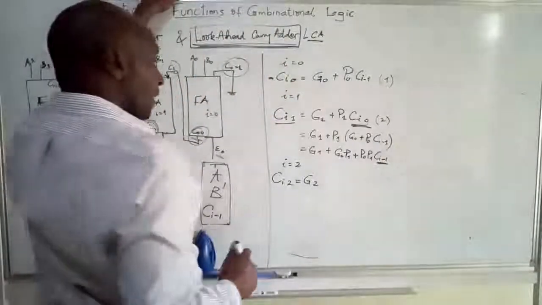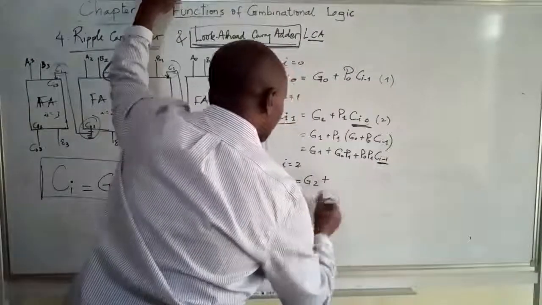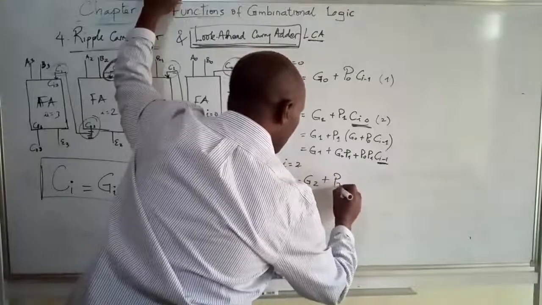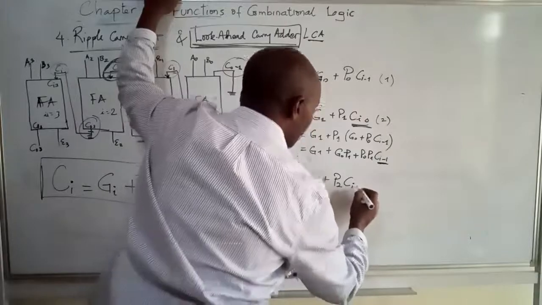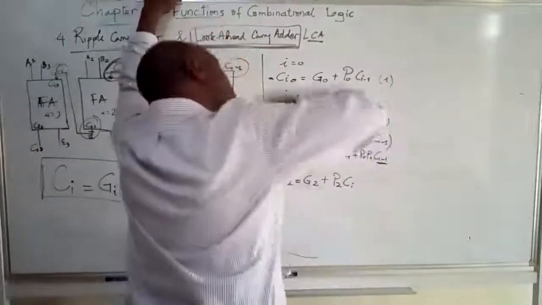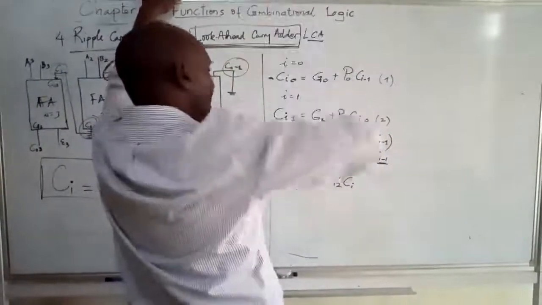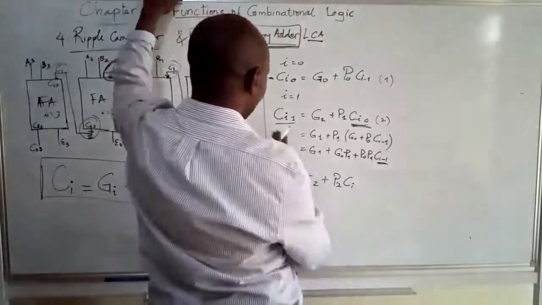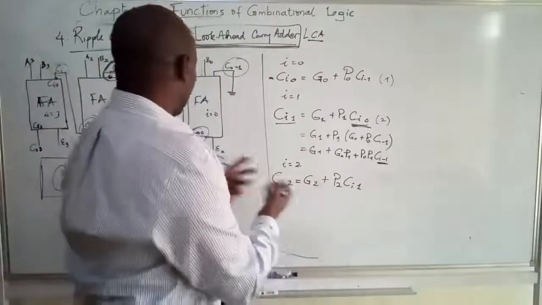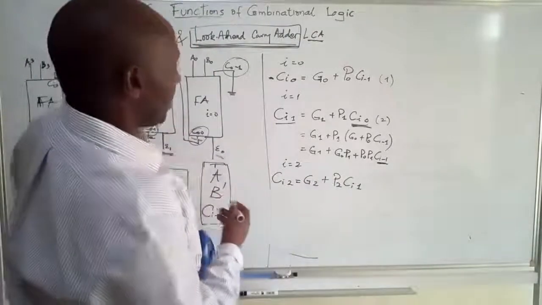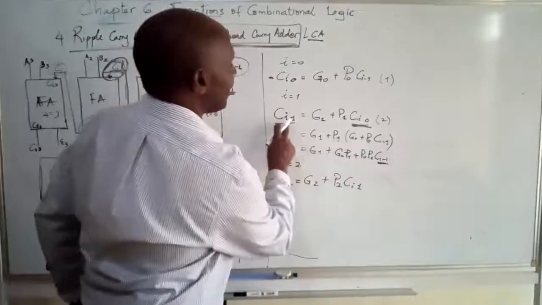Okay. When I is equal to 2, it's okay. Now plus P2 C in minus 1. So the previous one, that is the C in 1, because it depends on the previous one. So now the previous one is C in.